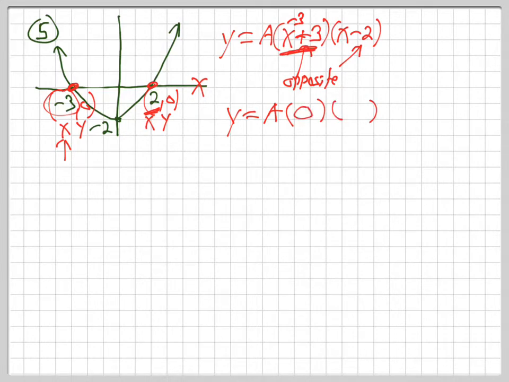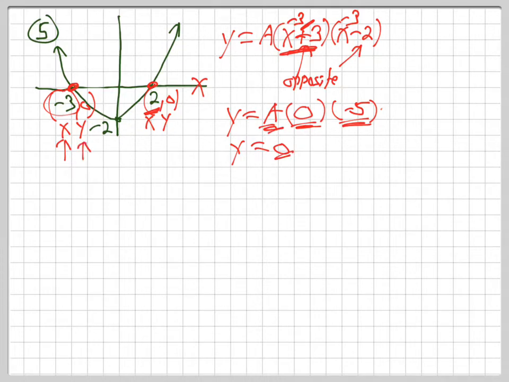It's going to be 0. And you plug in negative 3 there, you get negative 5. So what is any number times 0 times negative 5? It's 0. Y is 0, isn't it? If you're multiplying 3 things together and one of them is 0, it multiplies out to be 0. So my point is, when X is negative 3, Y is 0, which is right, negative 3, 0.